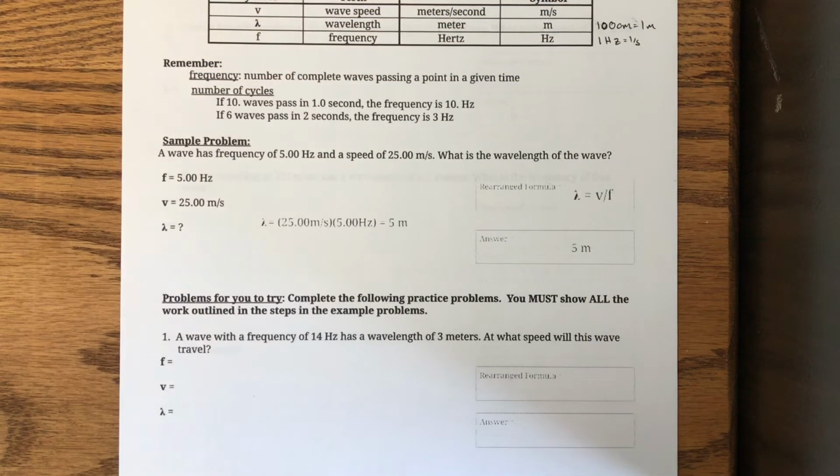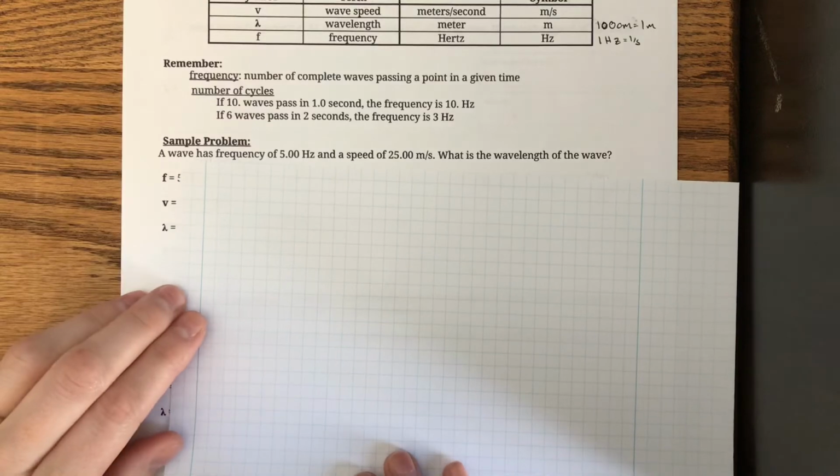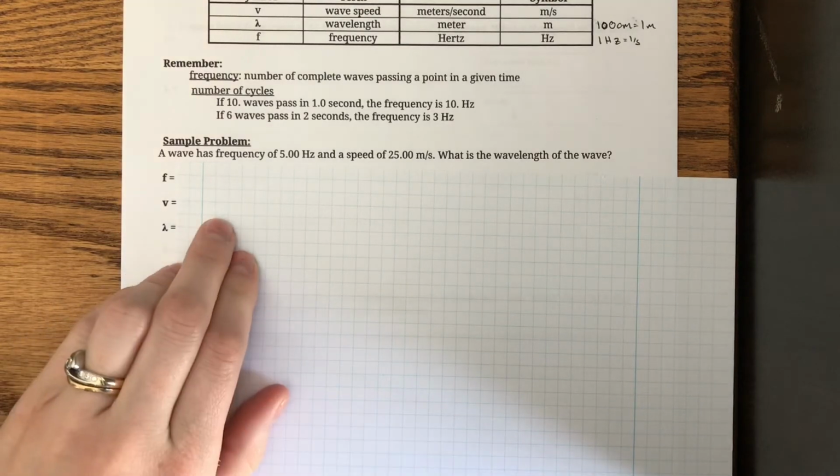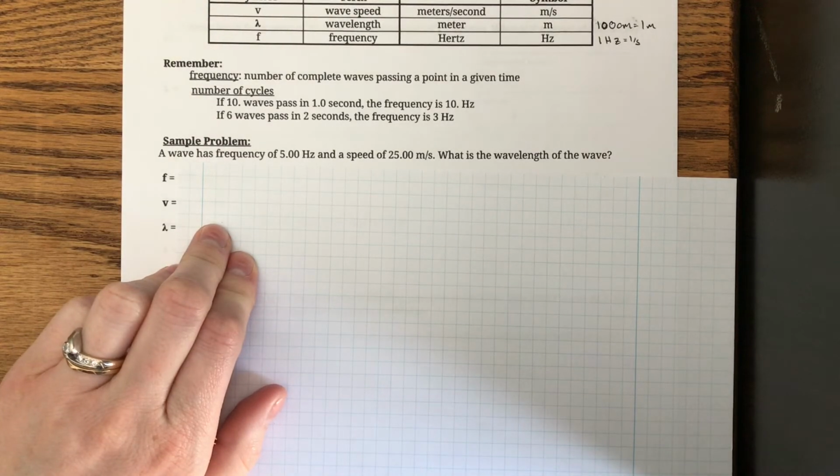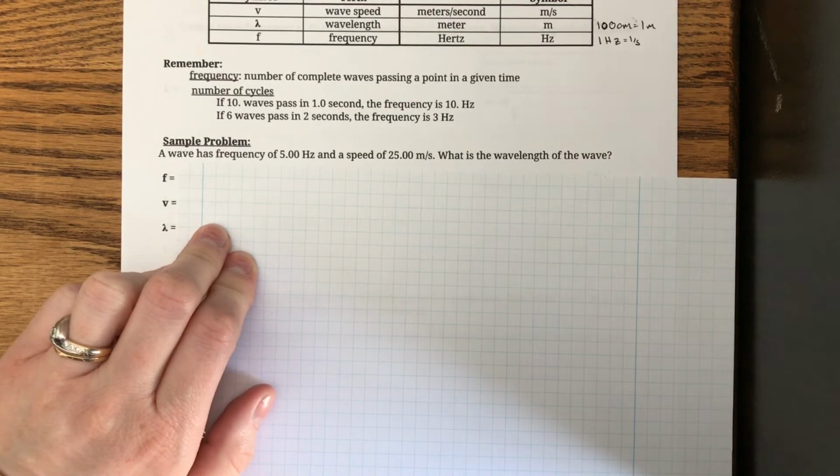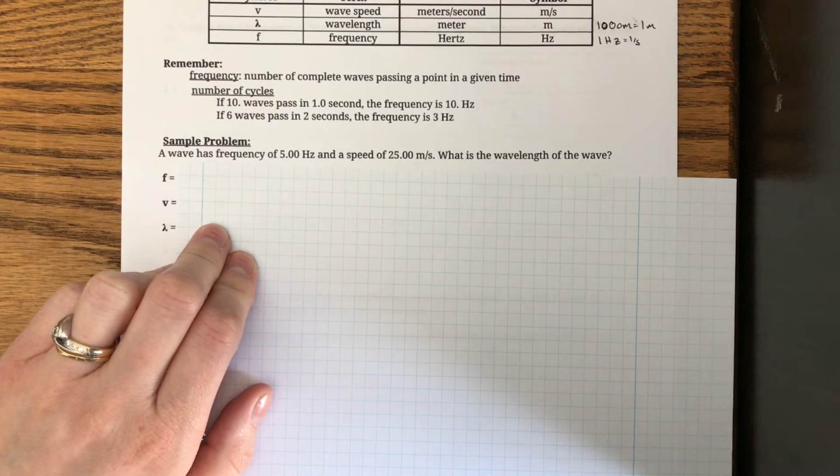I'll do one or two of these practice problems with you. So here's the first one. A wave has a frequency of 5 hertz and a speed of 25 meters per second. What's the wavelength of the wave? First thing we want to do is go through and identify the givens in the problem.